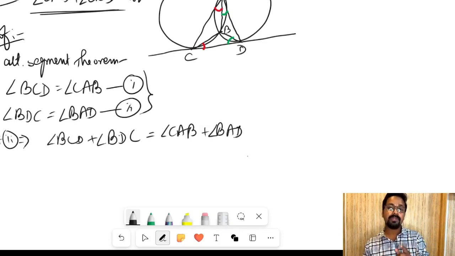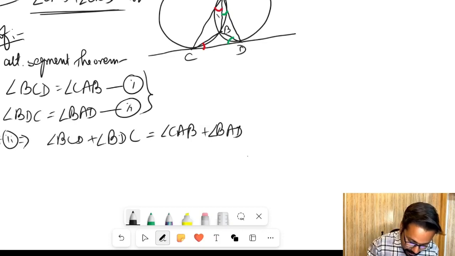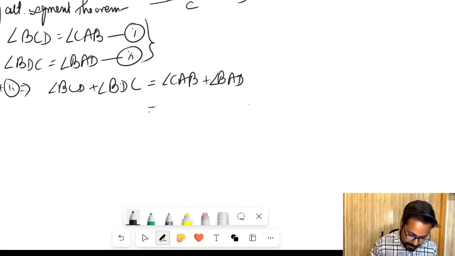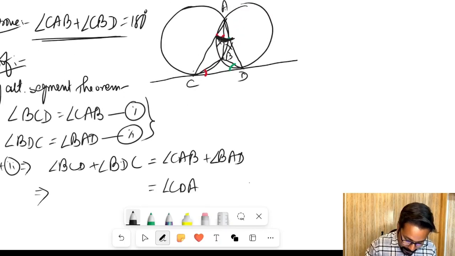If I add angle CAB and BAD, the combination of these two will give me angle CAD, right? So on the right hand side I get angle CAD. And on the left hand side, if you look carefully into the diagram, in triangle BCD the sum of the three angles is 180 degrees.